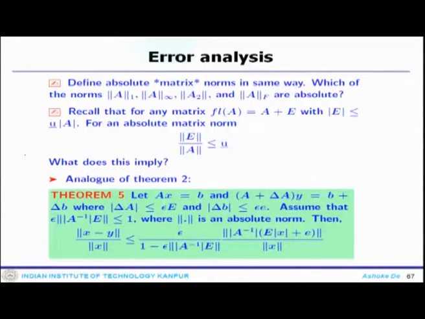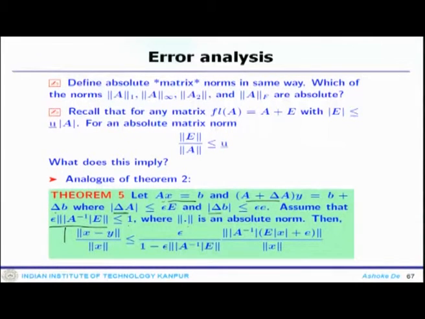Now, there is another theorem, theorem number 5, which is analogous to theorem 2. It states that if you have Ax equals b and (A + delta A) y equals b + delta b, where the magnitude of delta A is less than or equal to epsilon E and the magnitude of delta b is less than or equal to epsilon e, assume that epsilon times the magnitude of A inverse times E is less than or equal to 1, where the norm is an absolute norm.